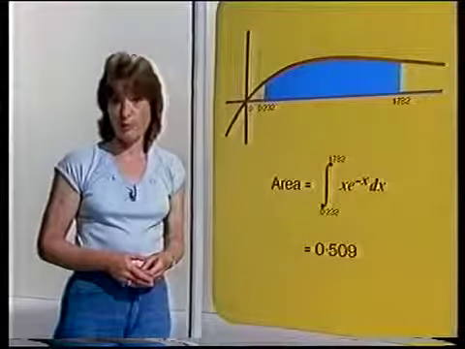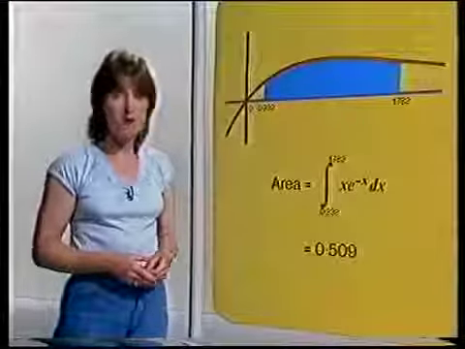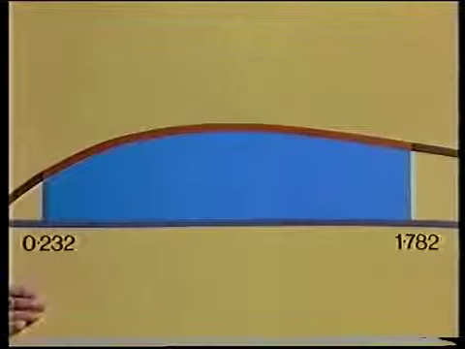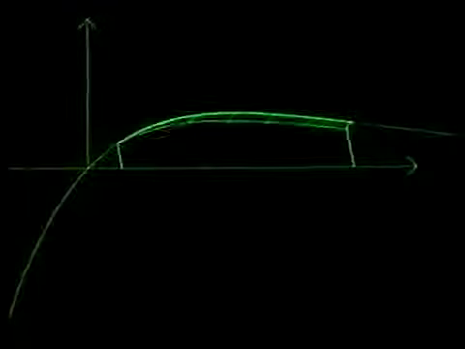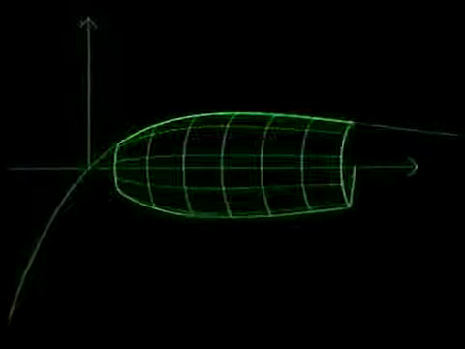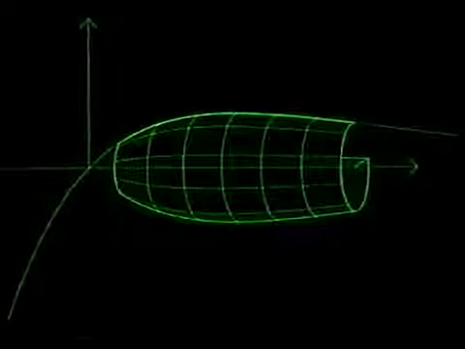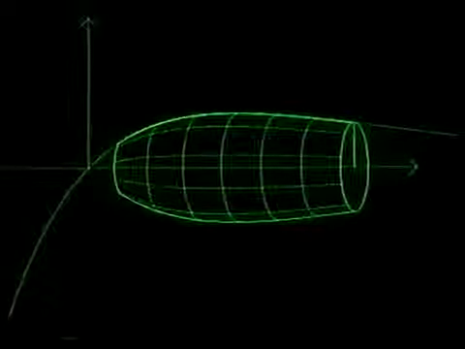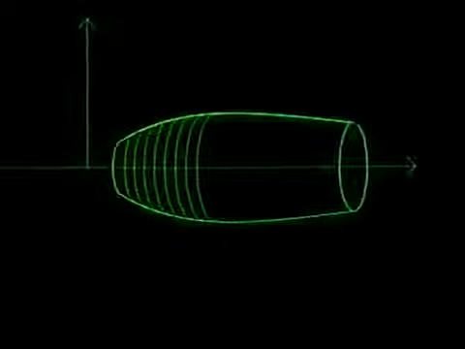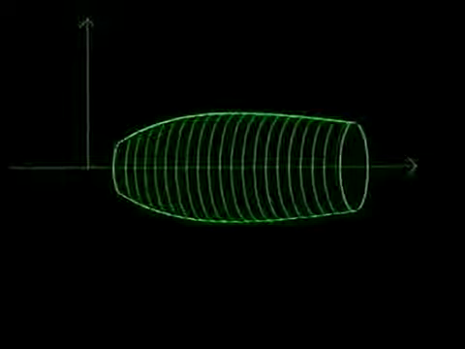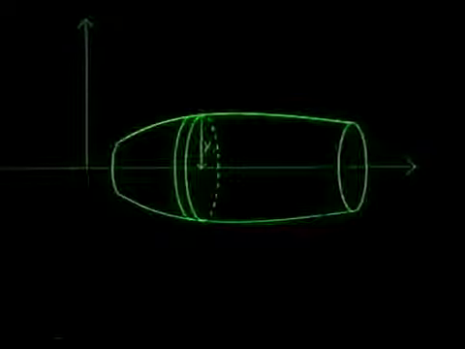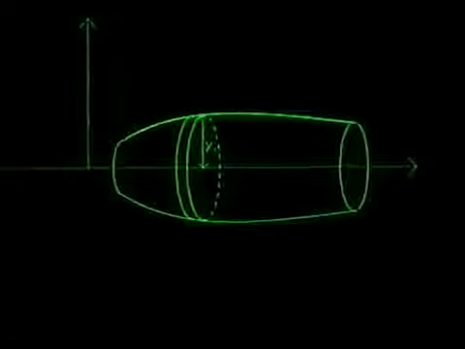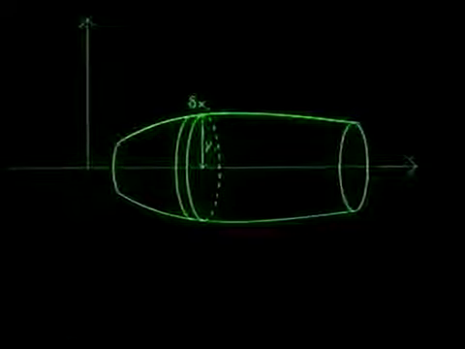But we want the volume of our glass, and we get that by rotating this area about the x-axis. Here's the area. Now, if it's rotated about the x-axis, we end up with a volume. And that volume can be found by taking the limit of the sum of separate disks, each of radius yi and width delta xi.